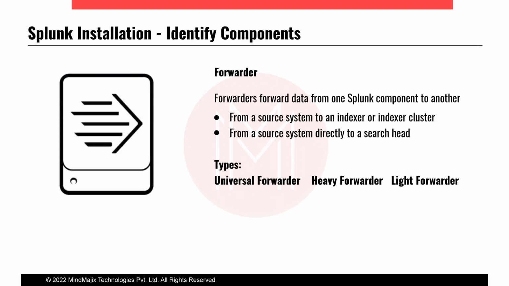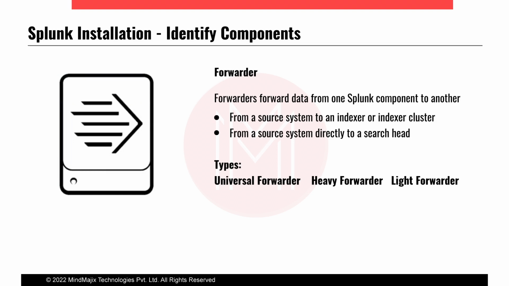The universal forwarder is lightweight and performs a singular function: to forward the data from the source or the host to the Splunk instance. They just forward the data from where you tell them to the place where you tell them to. Universal forwarders are easy to install, and they are the most common type of forwarders installed.